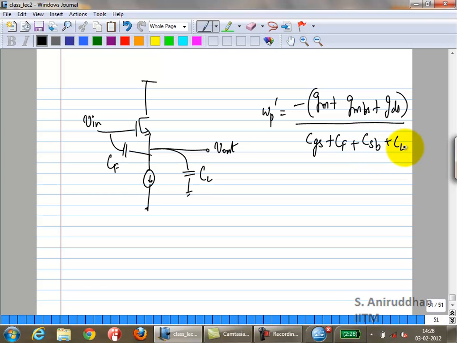Correct? What is your zero? Minus GM over CGS plus CF. Correct? So now what you're going to do is set the two to be equal.